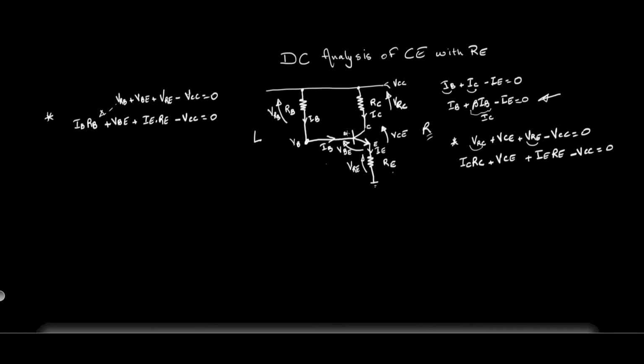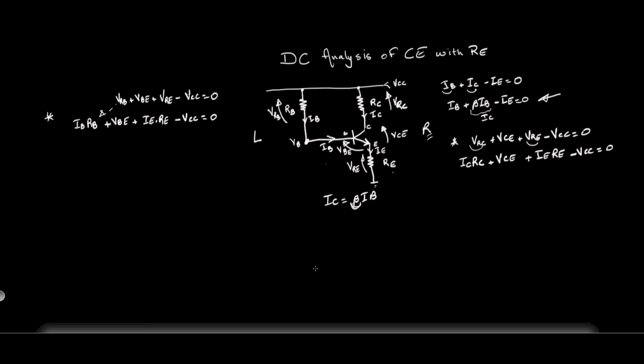So how do we do this? Well, first of all, we know the relationship, just like we did before, between IC and IB. So we know that IC equals beta IB, right? So if we're interested in going from one end to the other, obviously beta is going to come into play. Okay?